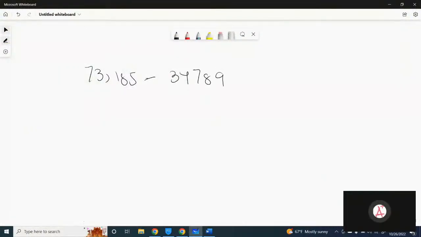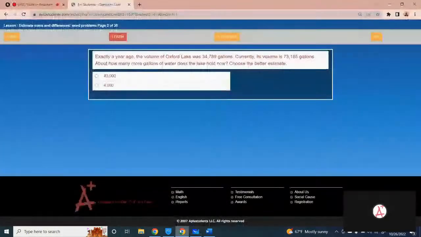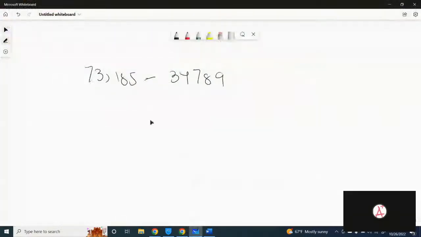Okay, so first you have to round off both the numbers. Here you have 73,185. It would be rounded off to 74,000.